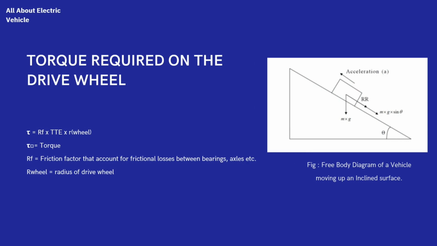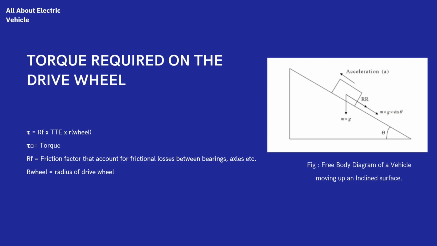Now, let's see the torque required on the drive wheel. The torque required on the drive wheel of an electric vehicle is the torque that the drive motor needs to provide to achieve the desired drive characteristics, such as the desired speed and acceleration.